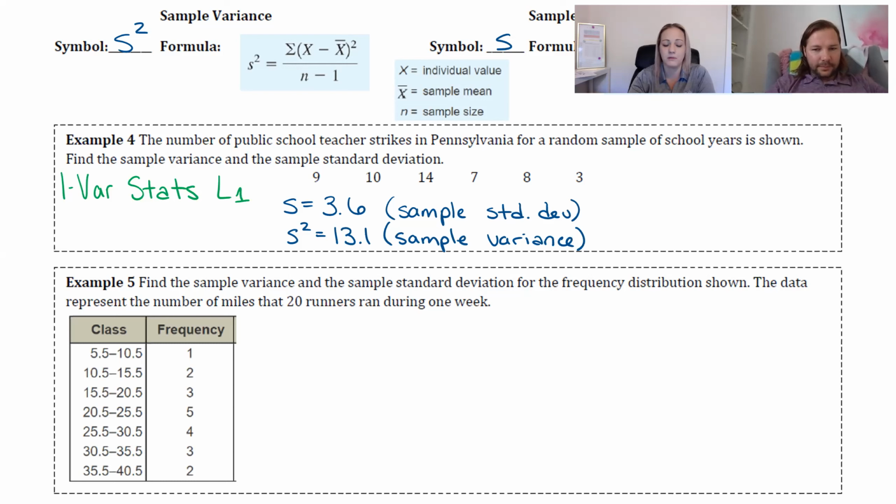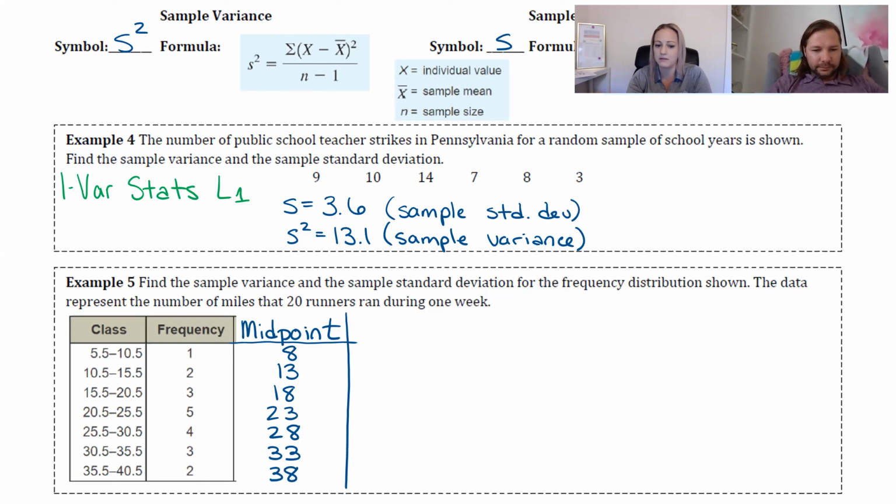Okay, so if you remember, the midpoint is just where you take your 2 boundary values, add them together, and divide by 2. So you'll have to do that for all of those classes there. And these were actually the same values that we had in the previous section, so hopefully this looks familiar. So for our midpoints, we get 8, 13, 18, 23, 28, 33, and 38.